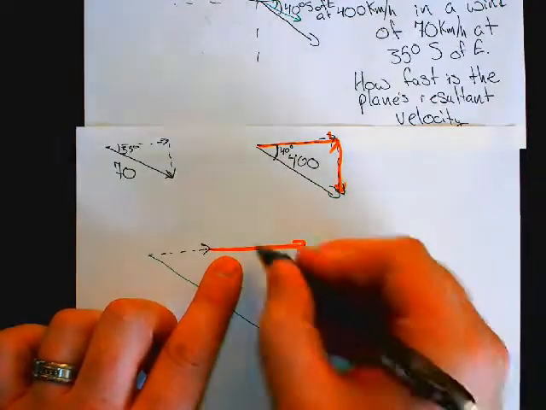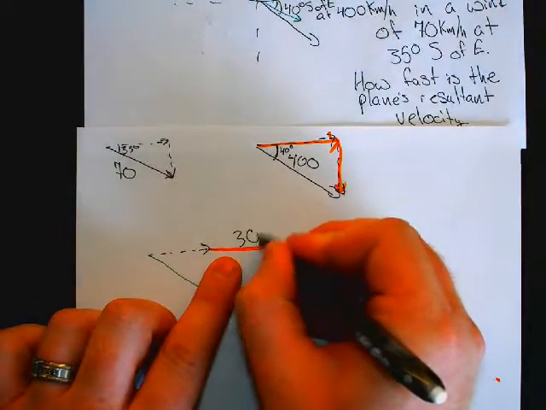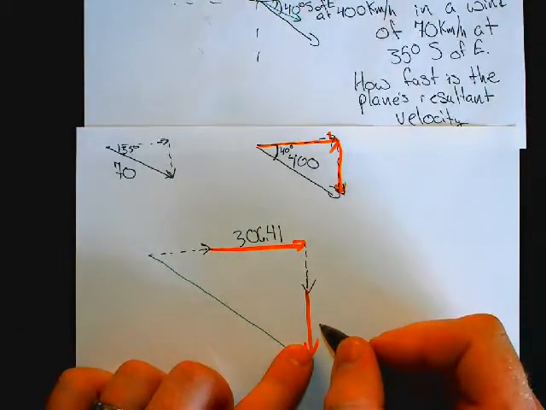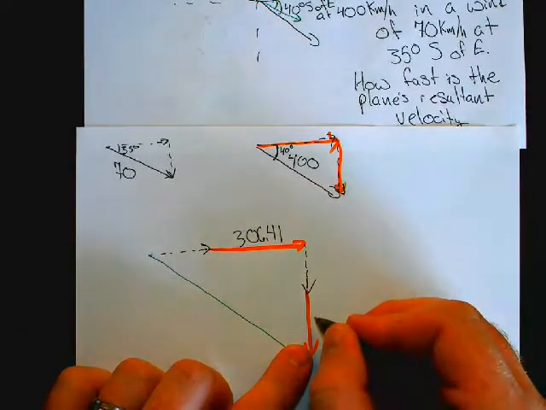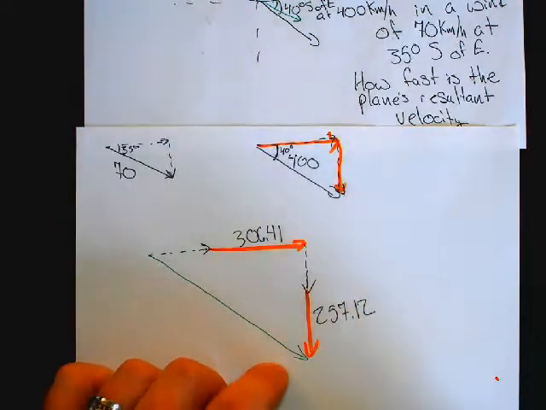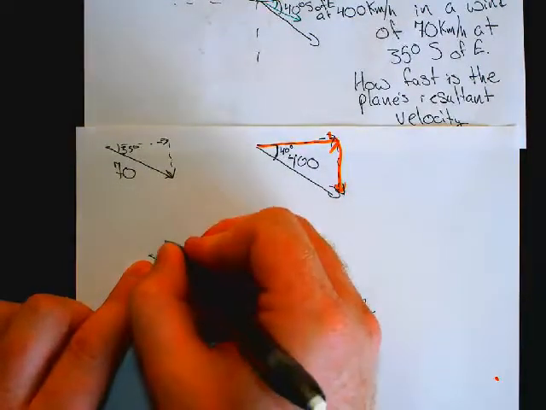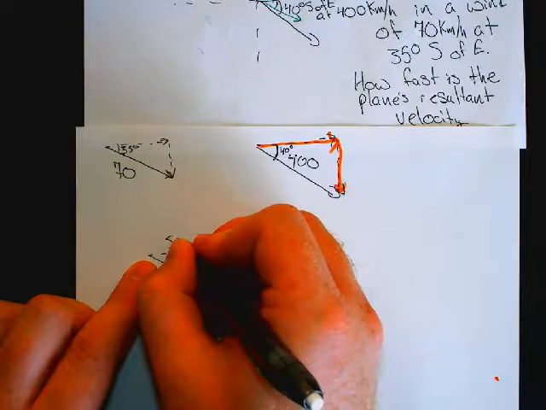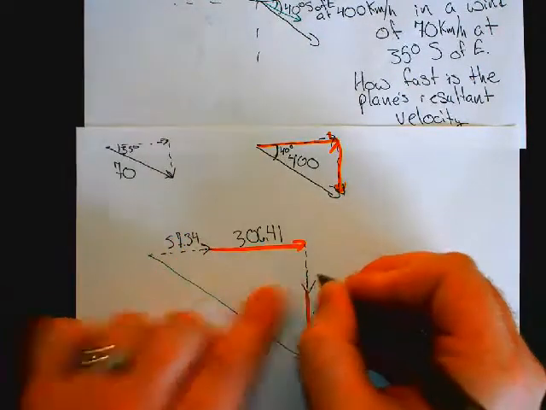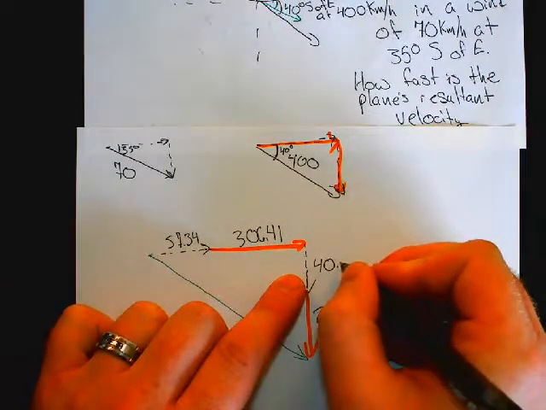Which one's that? 306.41. And how about for the other side? 2 what? All right. And anybody have the wind components? 57. No, other one. Wait, no, yes. And this one, 40.1. 40.1, 40.2.